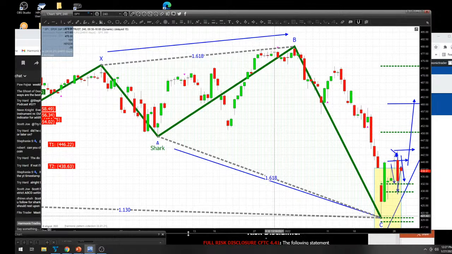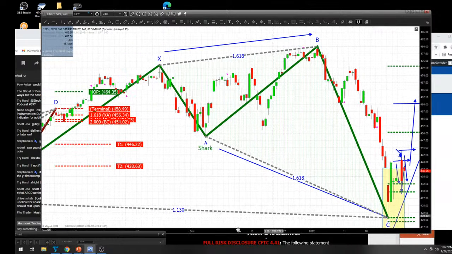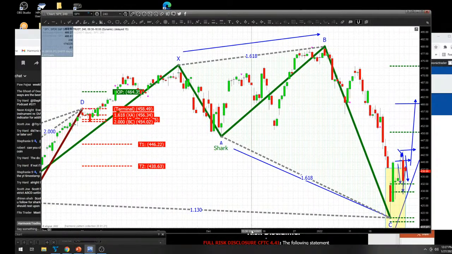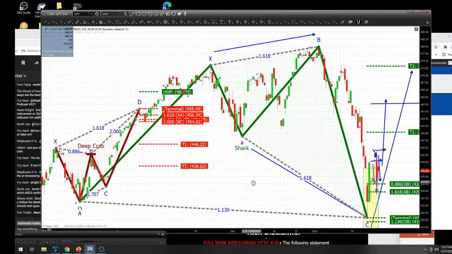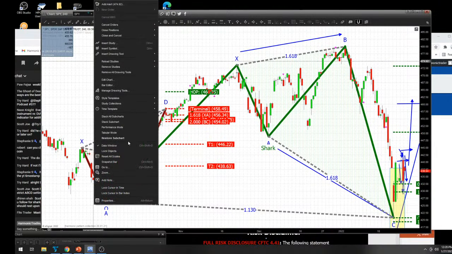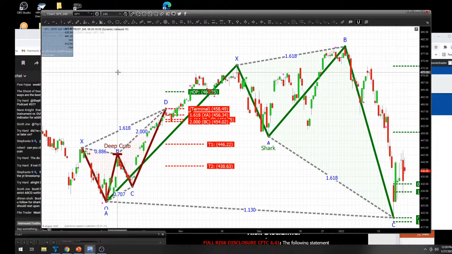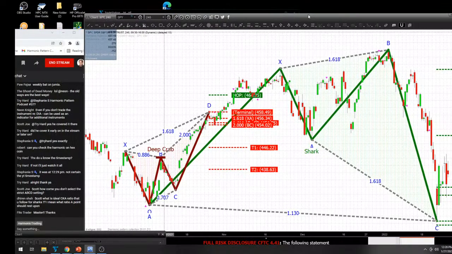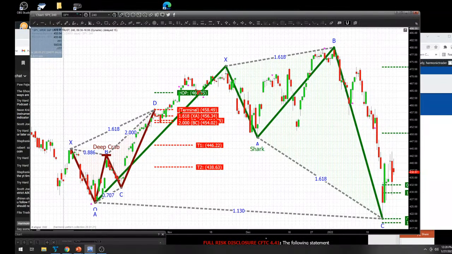The question is, here's a shark pattern, and you're seeing 0XA. Looks like this. This 0XA is different on the shark. Why? It's not an M formation.